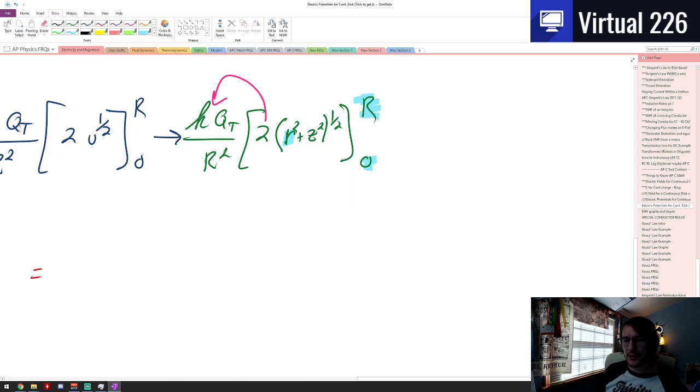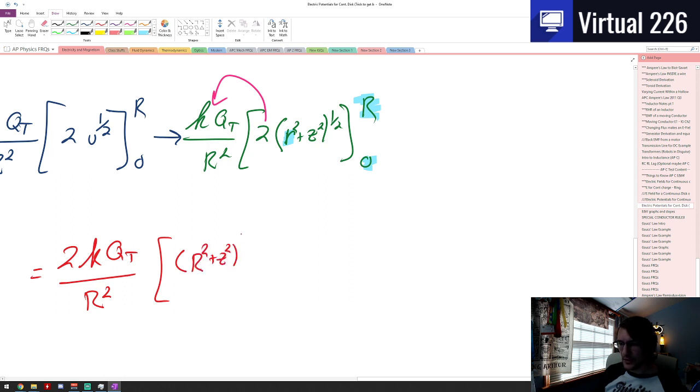So when I do this, I'm going to get 2k q(t) over r squared multiplied by, on the inside here, r squared plus z squared to the 1/2 power minus, and when I put the 0 in for r squared, it's going to be nothing, so I'm going to get z squared to the 1/2 power, so just minus z.